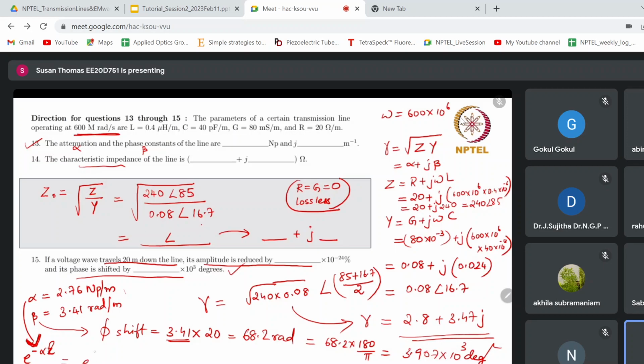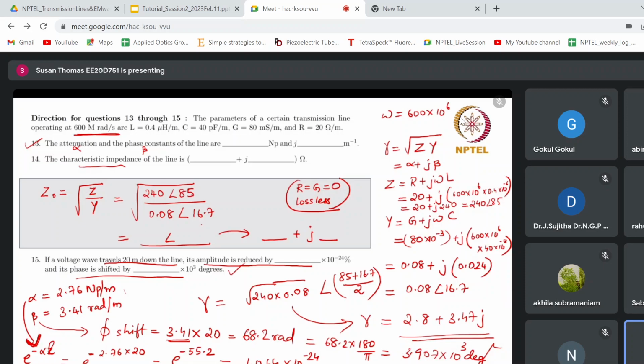So e raised to minus 2.76 into L, which is 20 meter, so it will be e raised to minus 55.2. If you calculate this, you will get 1.064 into 10 power minus 24. So this much will be the attenuation.